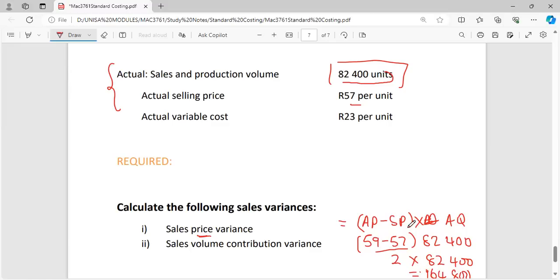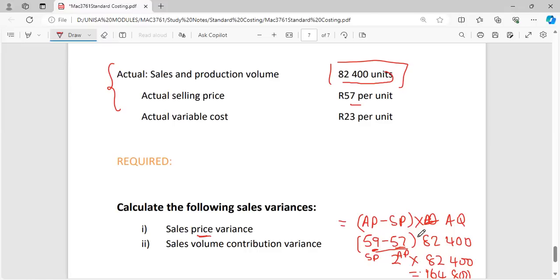Is it favorable or unfavorable? This is the standard, so I mixed them here. This is the standard and this is the actual. It is unfavorable. This is the standard price and this is the actual price. Is it favorable or unfavorable?